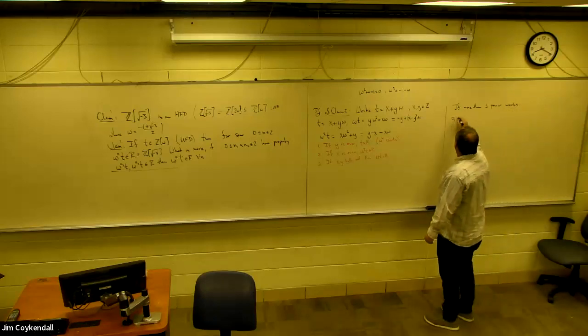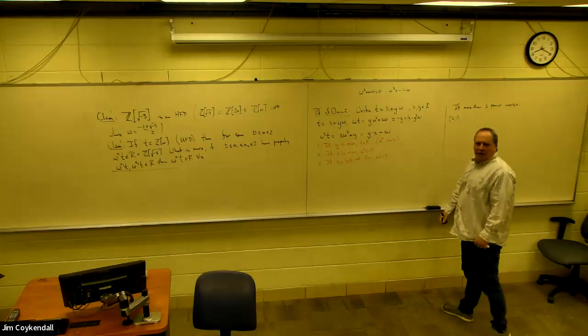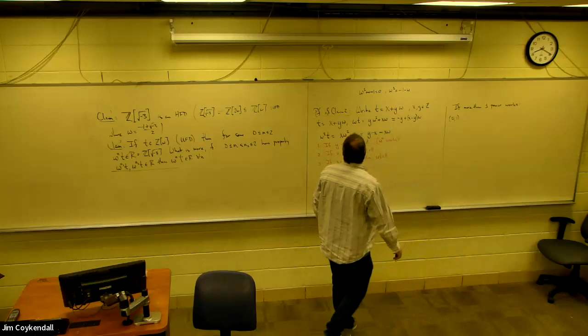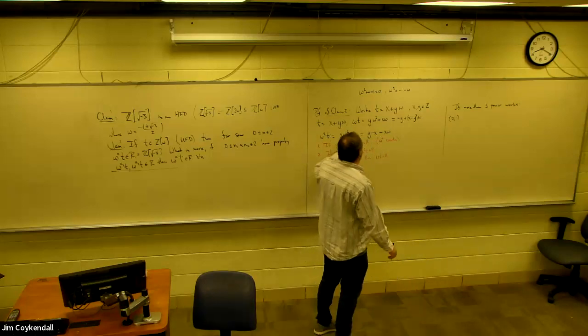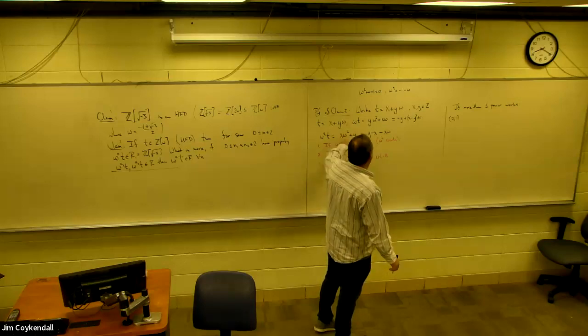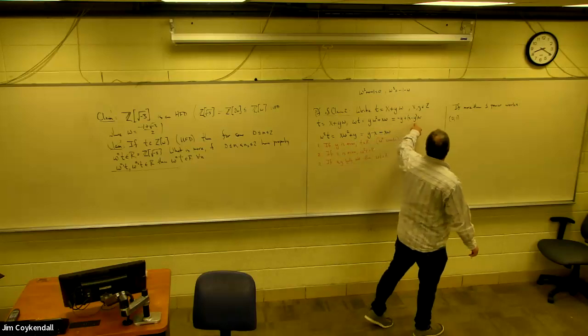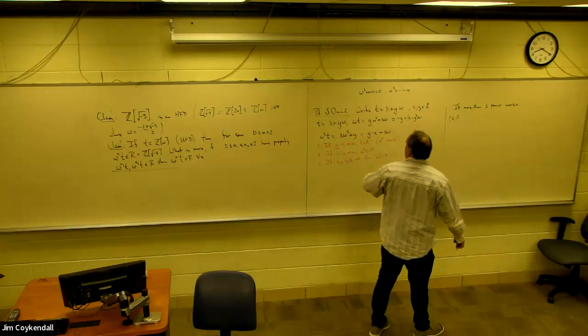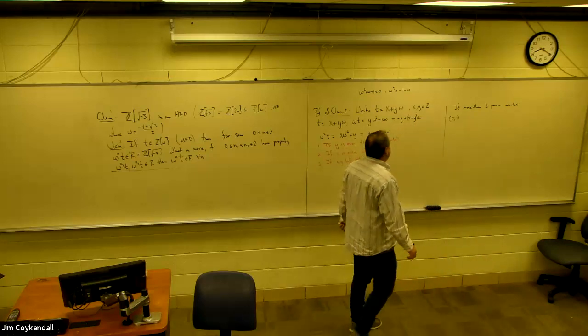Well, what if 0 and 1 work? For 0 to work, it is necessary for y to be even. And for 1 to work, this thing has to be even. So that means x has to be even.